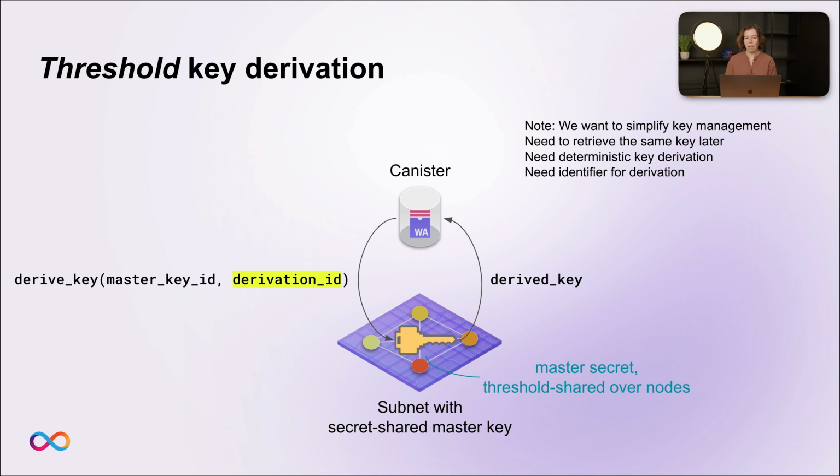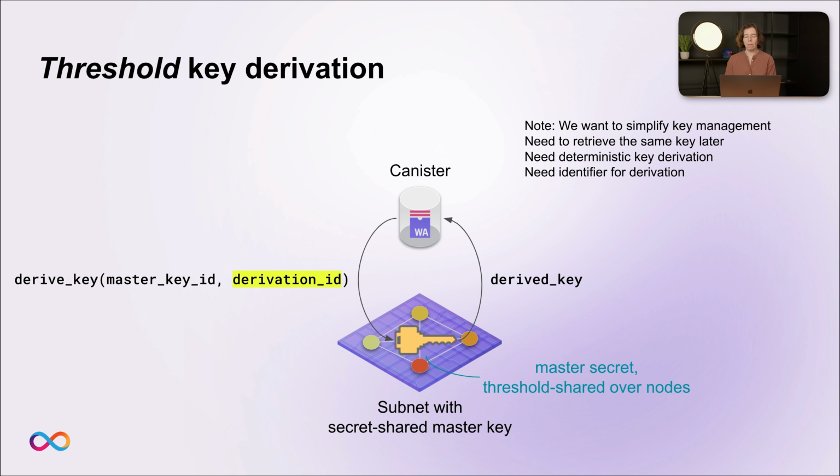If we take a look at threshold key derivation, the picture looks very similar, except that the master key is not just in a single place now. It is secret shared across nodes in a particular subnet on the IC. And so the function call looks pretty similar to before. You will want to derive a key.